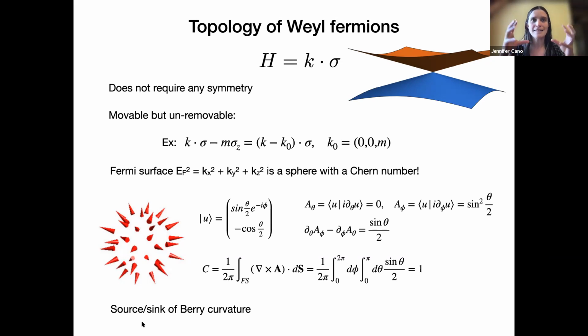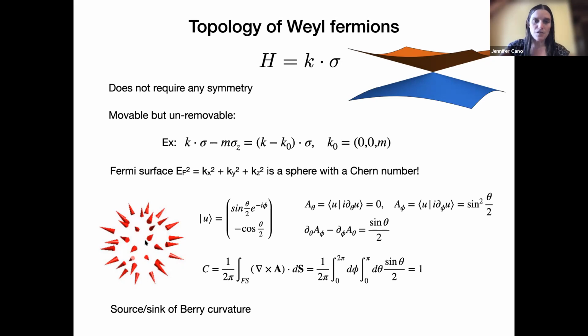But now if we try to shrink this sphere, somewhere something pathological has to happen, because this Berry curvature is everywhere pointing outwards. But which way should it point when we get to the origin? The only way to resolve this pathology is to have a gapless point in the middle. So if you have any source or sink of Berry curvature, there has to be a gapless point in the middle. And that's exactly what the Weyl fermion is.